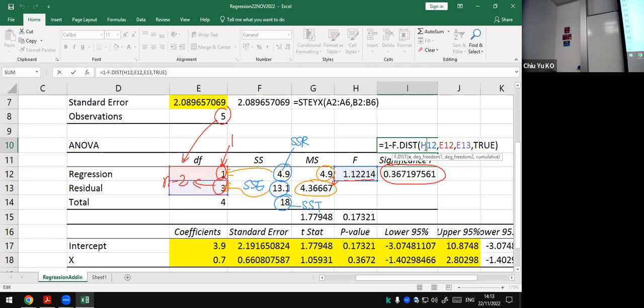You just compare these two: look at F and look at the table. I think we have done enough questions, so it shouldn't be an issue for you. Is that okay? Any questions?